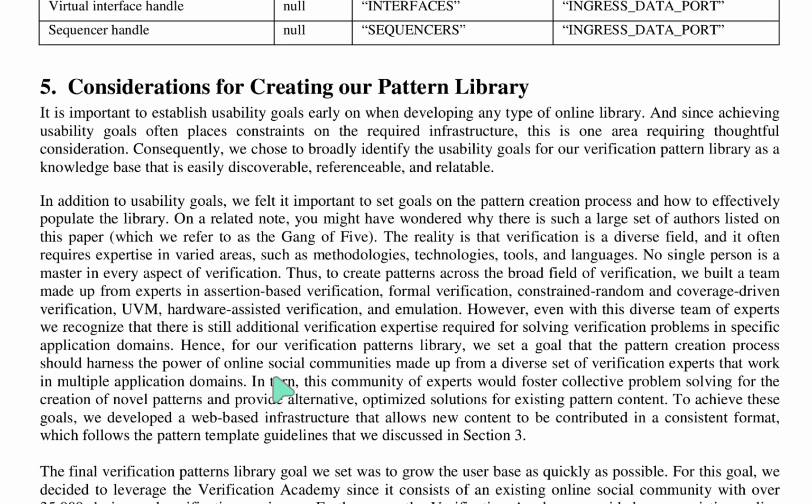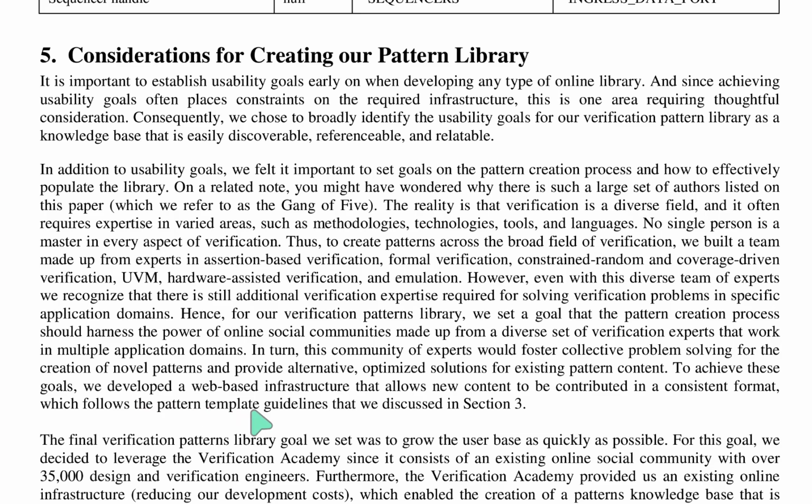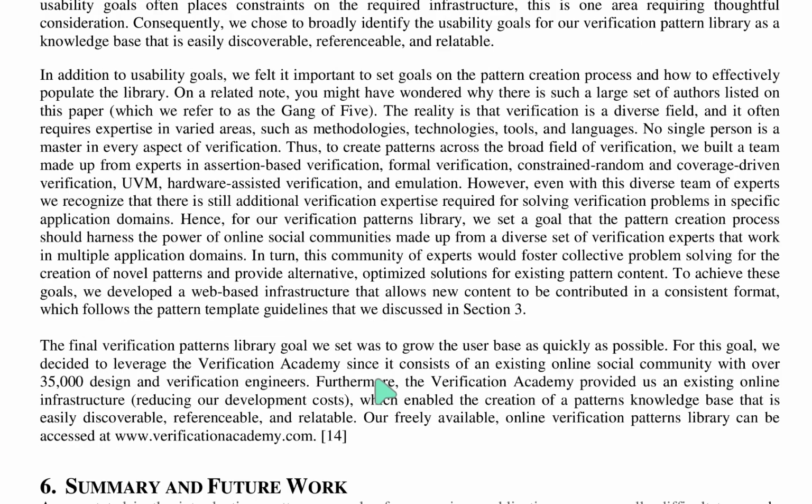In turn, this community of experts would foster collective problem solving, the creation of novel patterns, and provide alternative optimized solutions for existing pattern content. To achieve these goals, we developed a web-based infrastructure that allows new content to be contributed in a consistent format, which follows the pattern template guidelines that we discussed in section 3.